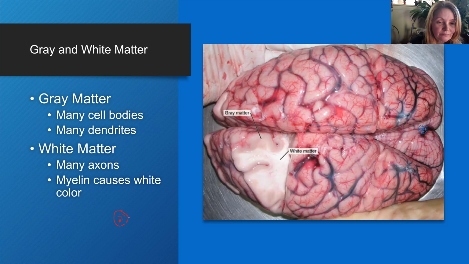Then you would have processes. You'll have multiple processes that we call dendrites, which we will discuss in a second. And then you will have one process that is called the axon.